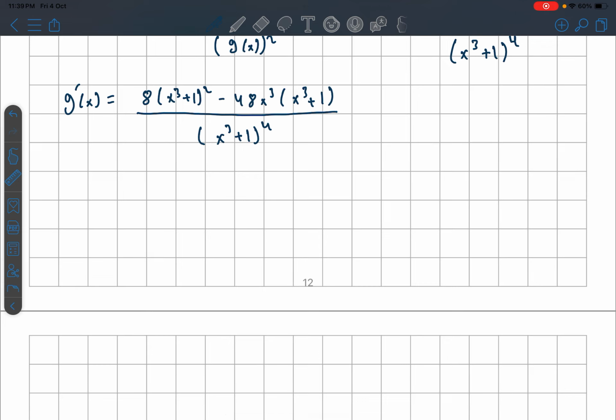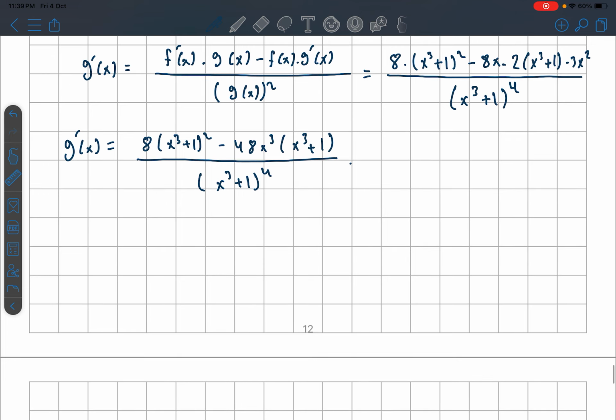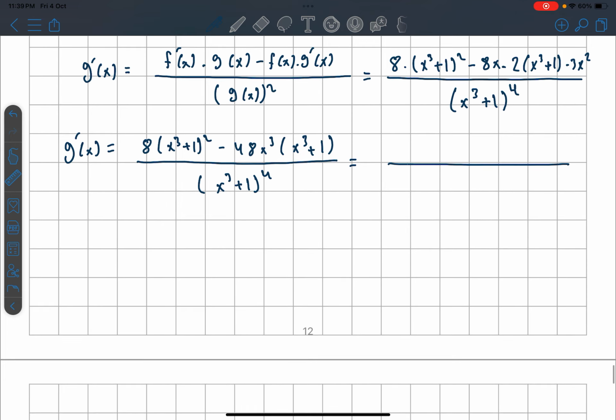Okay, here let's factorize it. Let's factor 8 times (x cubed plus 1), so it will be 8 times (x cubed plus 1) bracket, we have here x cubed plus 1 minus 6x cubed, and let's write the denominator.